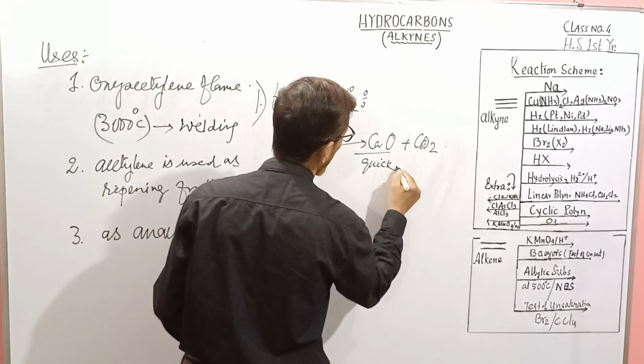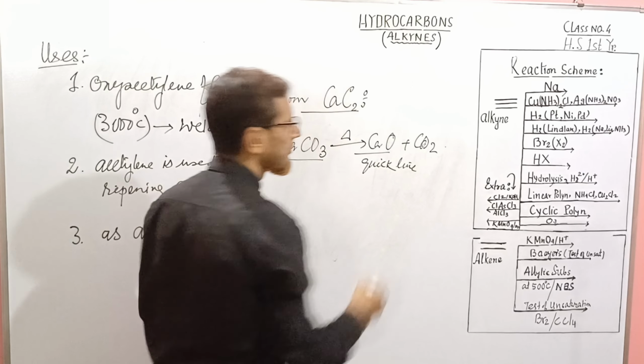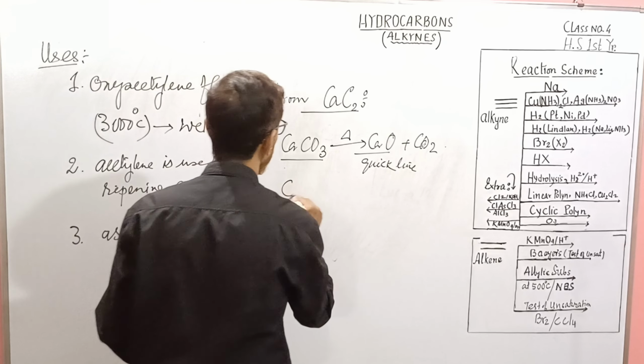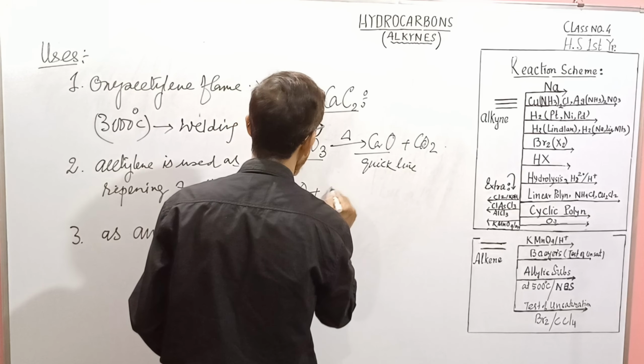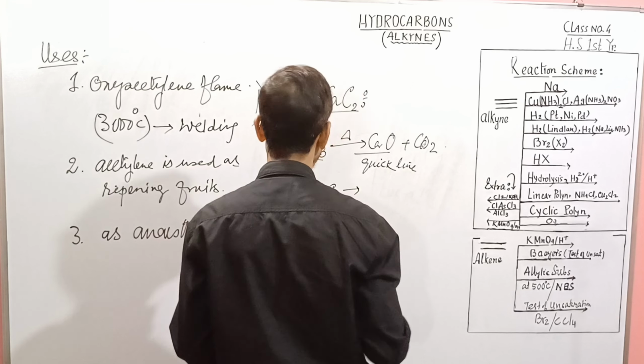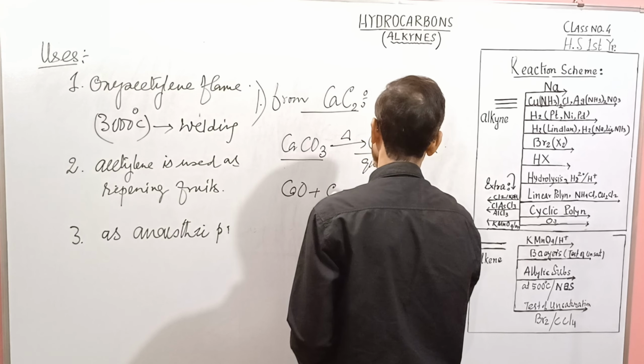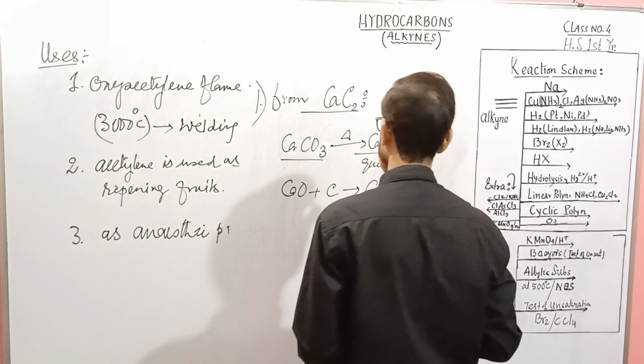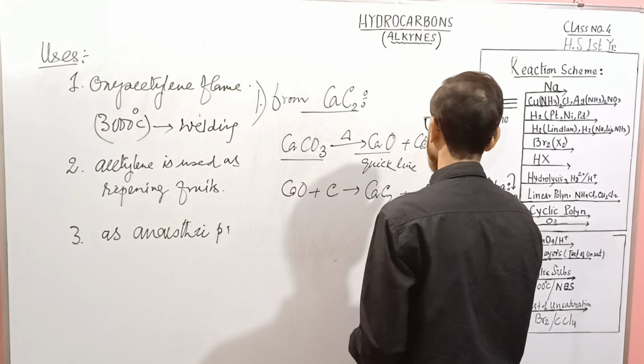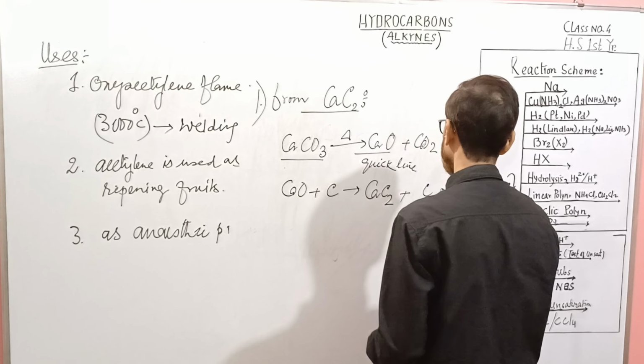In my first class, I gave you: when quicklime is made to react with carbon, this gives calcium carbide. I have not balanced it.